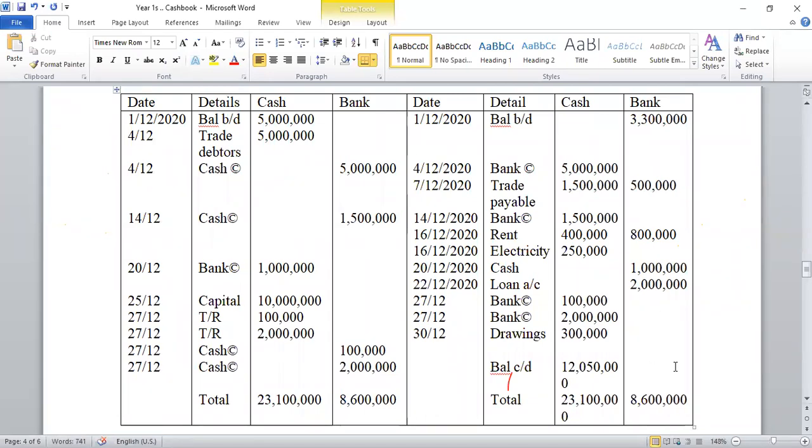Like I've told you, on the credit, the real entries that I have add up to 7.6. So the difference is the balancing figure, and the balancing figure is what we call the balance carried down. It is 1 million. So I'll come and put balance carried down 1 million. Okay, as simple as that.